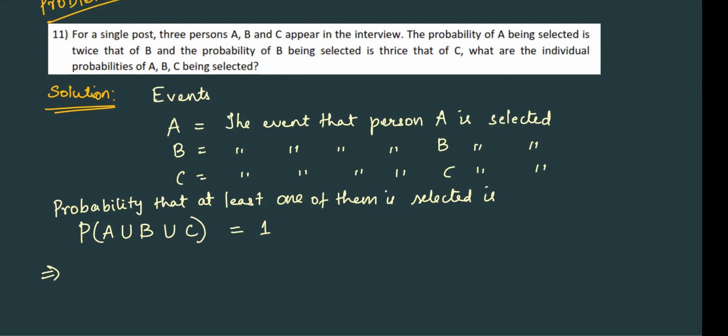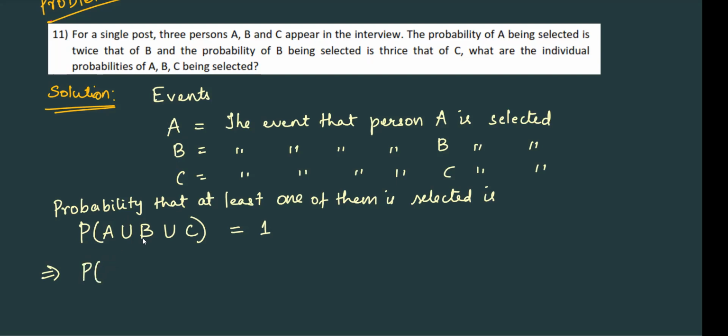Anybody? How do you understand mutually exclusive? If A is selected, what happens to B and C? They can also be selected? No, they can't be selected. Yes. So if A is selected, we exclude selection of B and C. If B is selected, we exclude selection of A and C. If C is selected, we exclude the selection of A and B. So which means that these are mutually exclusive events.